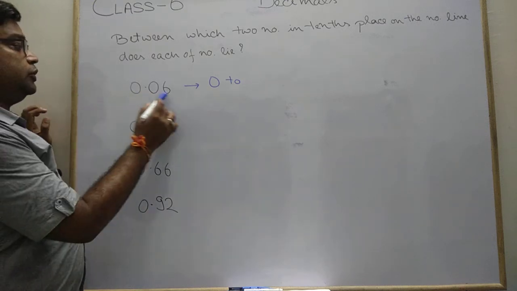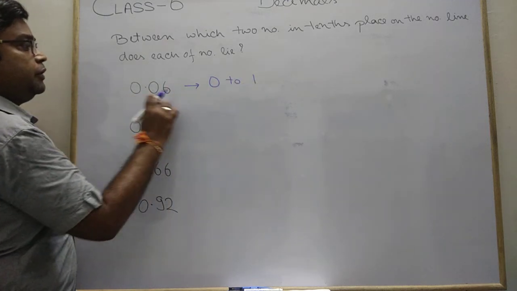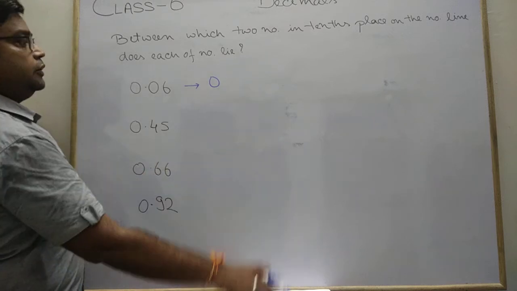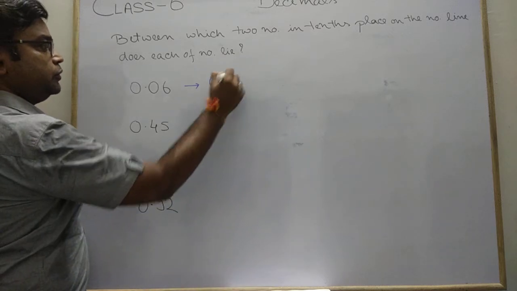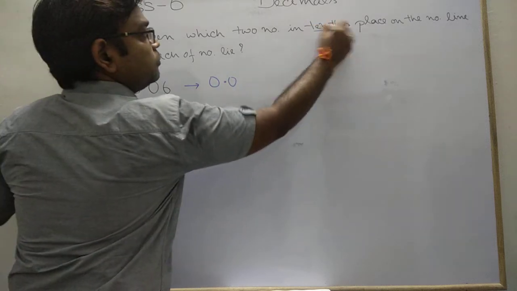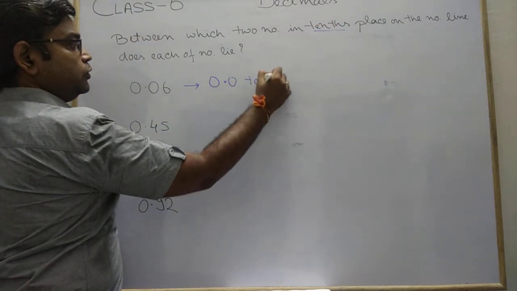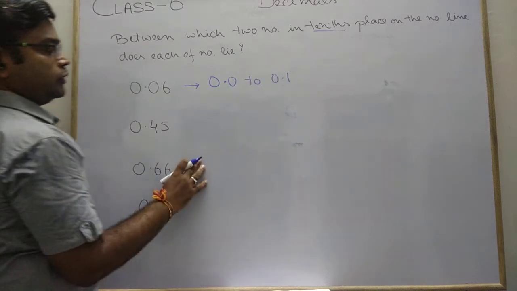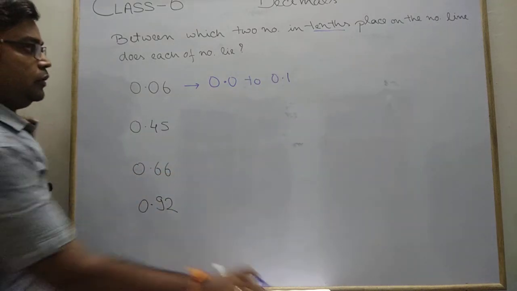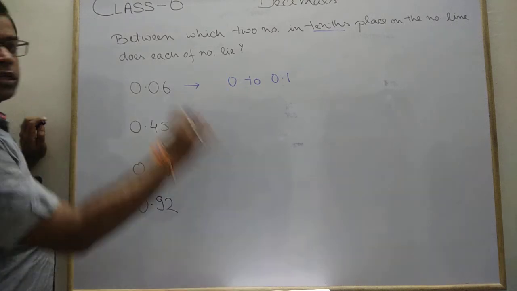So 0.06 lies in between 0.0 and 0.1, because the tenths place is given, you must see the tenths place. You can write this 0.0 as 0 also. So this one is clear.